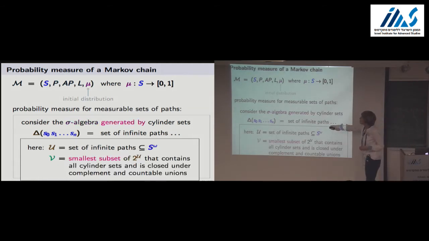Now, here I said we take the sigma algebra which is generated by the cylinder sets. This simply means that we deal with the smallest sigma algebra, where the universe is simply the set of all infinite paths, and the smallest sigma algebra that contains all the cylinder sets.